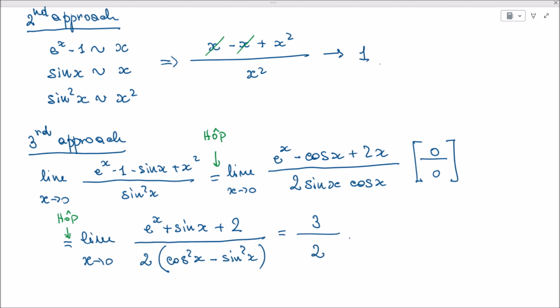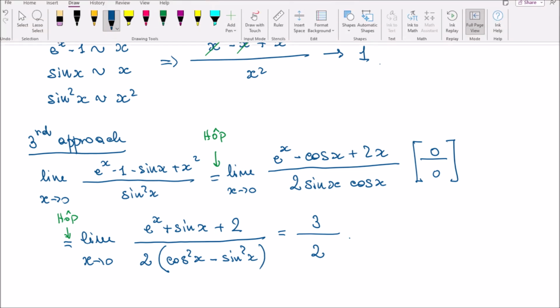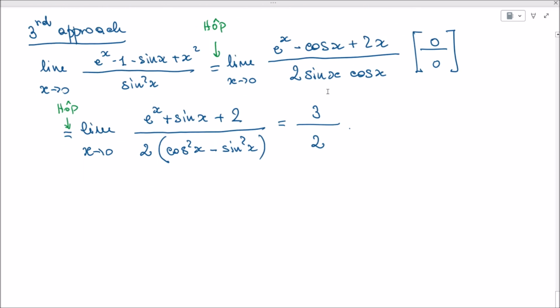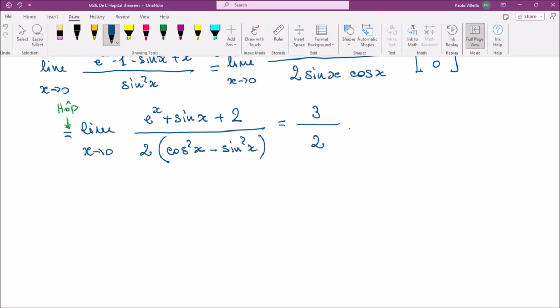So this is a different result from what we got in the second approach. But this is the correct one, and this is the wrong one. This is the wrong one because it is always a bad idea to use asymptotic equivalence when doing limits. So let's try to revisit the second approach.